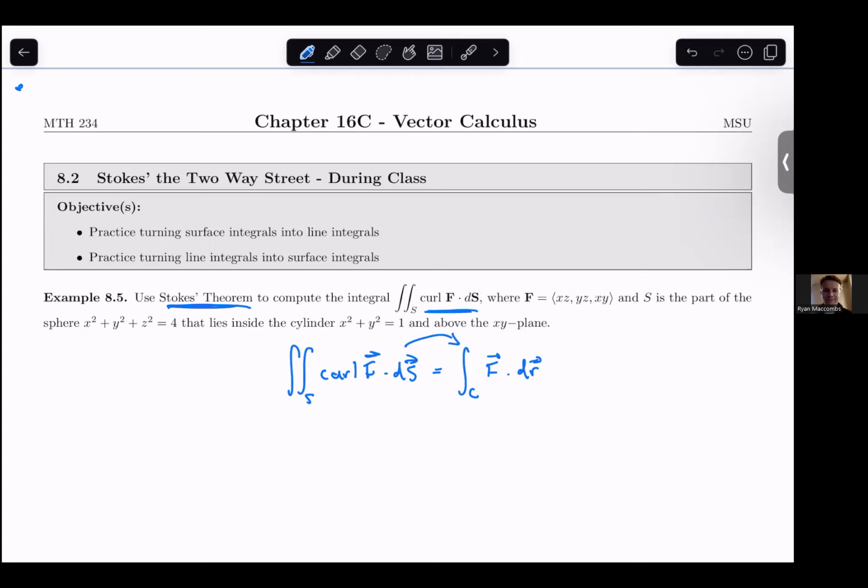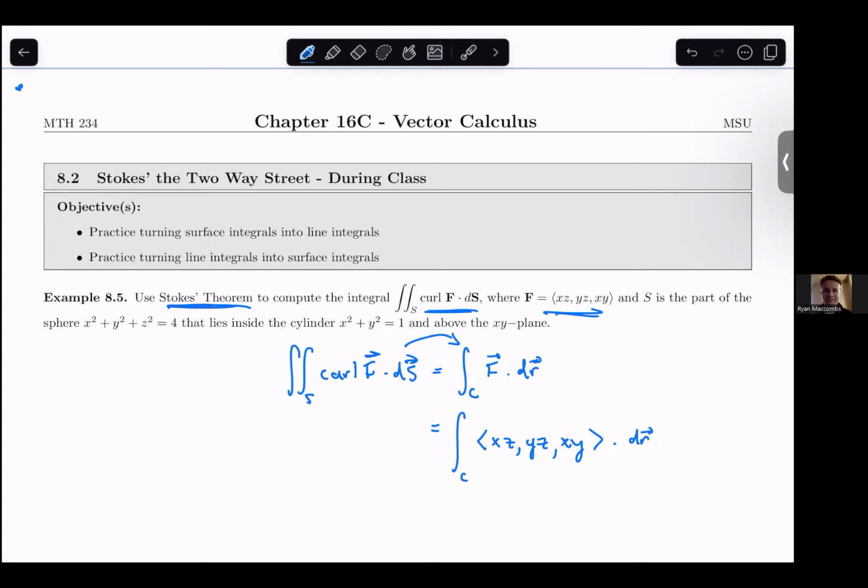But now we need to think about what is the C thing, right? So I can go ahead and start to write down, for instance, I know what F is. It's XZ, YZ, XY. And this is just given in the statement of the problem. But now I need to figure out what this boundary curve is, because that's the thing that I need to parameterize in order to figure out this dr. I'm going to need to take the derivative of it and all that sort of stuff. So let's go ahead and read the problem fully.